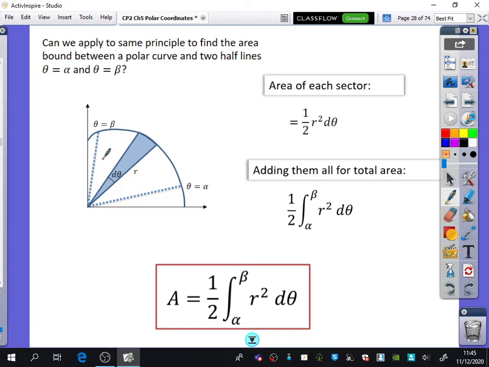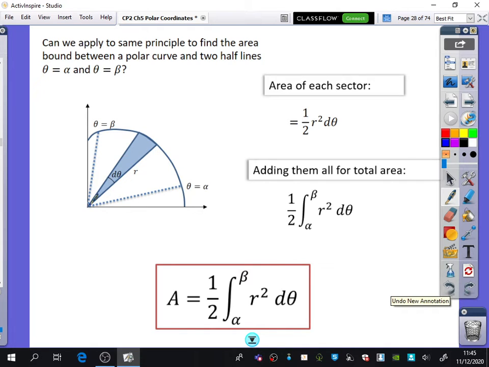So instead of a rectangle, it's a sector, which means you're not finding area in a vertical way. You're finding area in a radial way. The area that you're looking for is not in that traditional way that we think about area being underneath a curve. The areas that we're going to be finding are found radially.